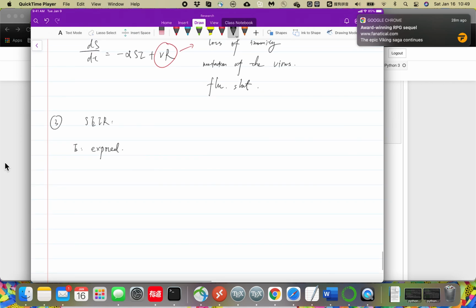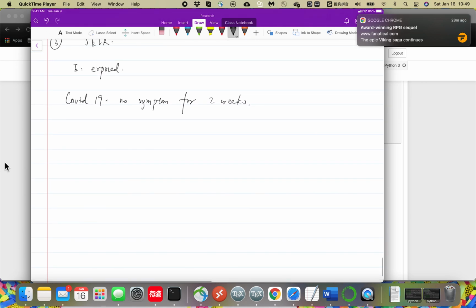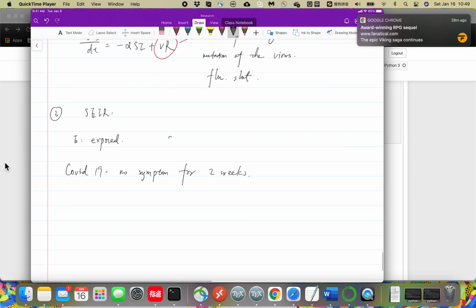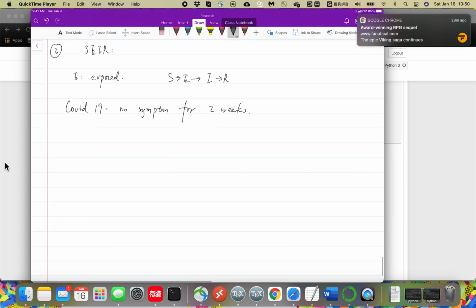If you think about COVID-19, we have people who have no symptoms for roughly 2 weeks. Those people actually carry the virus, but they do not show any symptoms, so we cannot identify them as infected. In this way, we have an SEIR model with 4 stages, which is more realistic, especially for COVID-19.